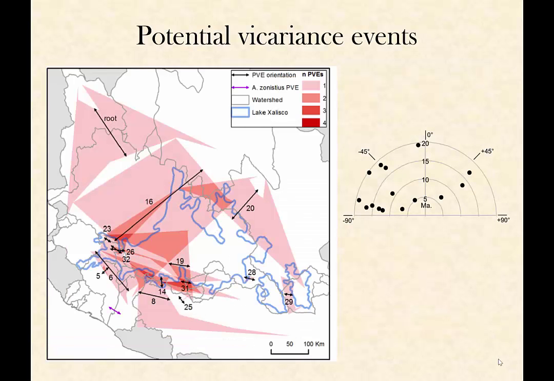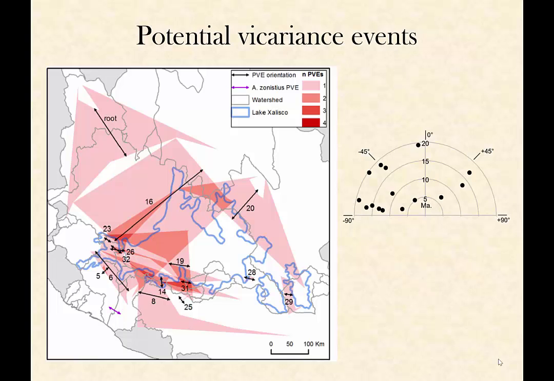If we plot those potential vicariance events over the map, and here's the Paleo Lake system, what we see is that most of these events are basically, we've got a plateau, and then we've got a steep slope, and they're all to do with things falling off the plateau. So we can see that, for example, this here is the Mount Colima event.